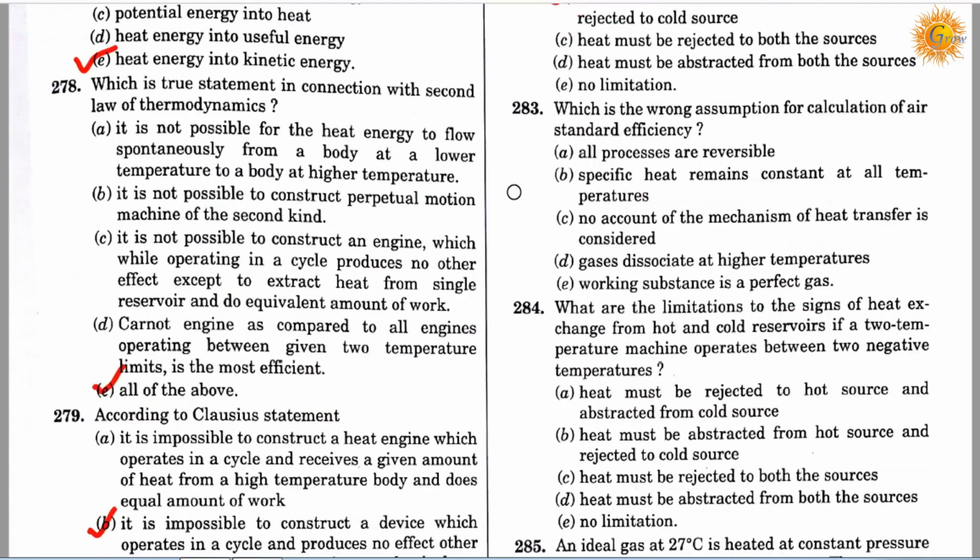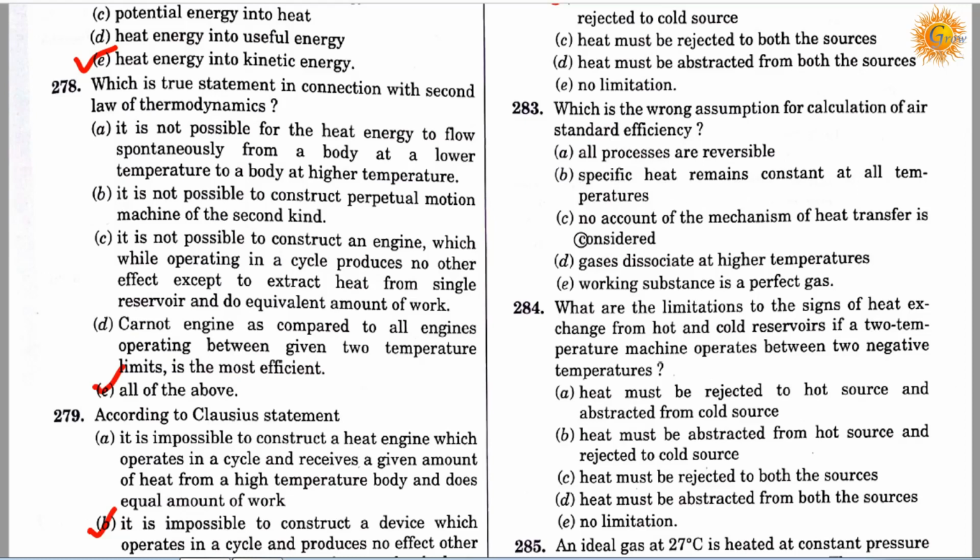Question number 283. Which is the wrong assumption for calculation of air standard efficiency? Option A, all processes are reversible. Option B, specific heat remains constant at all temperatures.